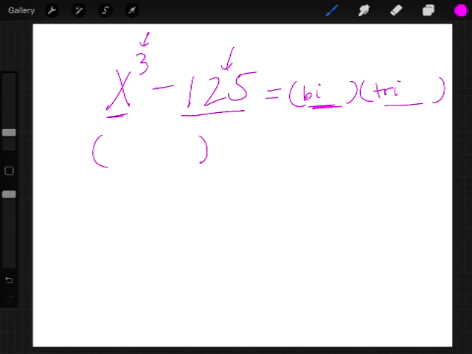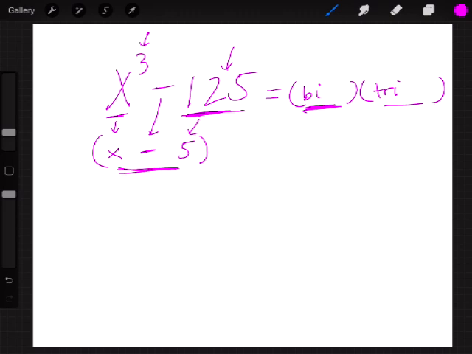You basically take the cube root of the first term, which is going to be an x. You take the cube root of the second term, which, if you go back to the previous list, was 5 times 5 times 5, that was 5 cubed. So you get 5 here. Whatever sign is there, whether it's a plus or a minus, it goes in there. That's your binomial.